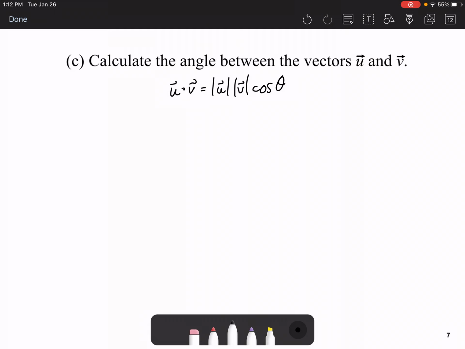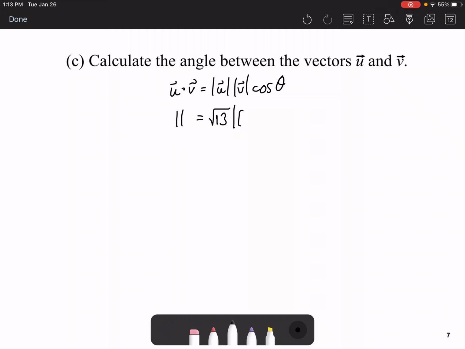So from part A, I know that u dot v was the value of 11. From part B, I know the magnitude of u was square root of 13.